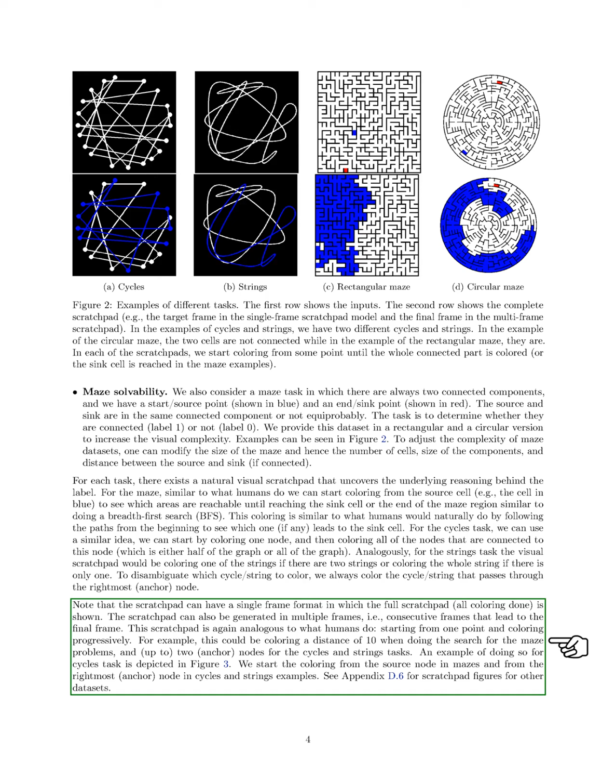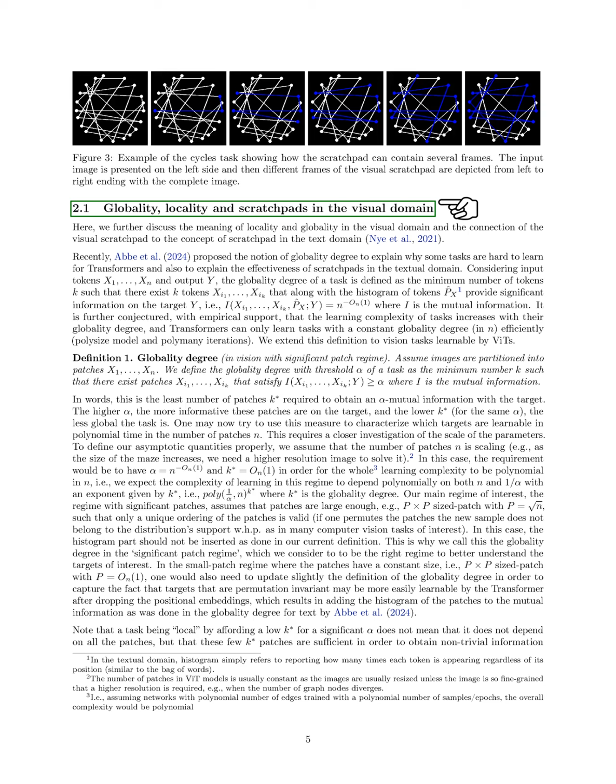We always start coloring from the rightmost node for cycles and strings. The visual scratchpad can be presented in a single frame or as a series of frames showing our progressive coloring. This mimics how we naturally approach these problems, starting from a point and expanding our search. Examples of these processes can be found in the figures and appendix of our paper.